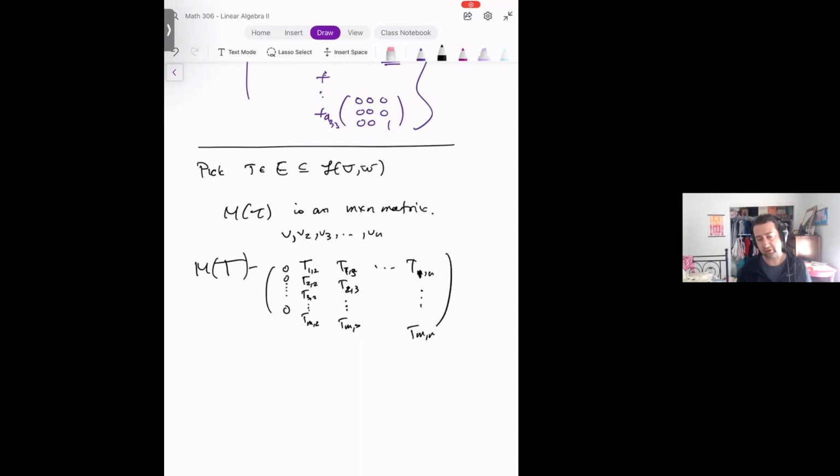The particular coefficients here come from the map. These coefficients come from having made this choice, right? So you pick the T and then the coefficients are forced on you.